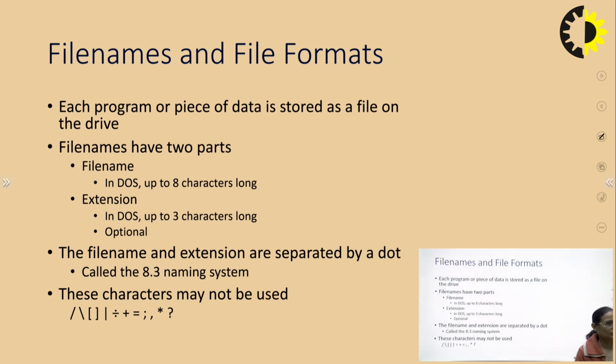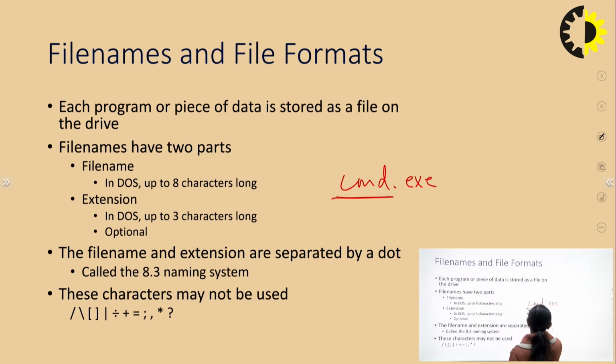Each program or piece of data is stored as a file on the drive. As we are aware, every content in your system needs to be stored in the format of a file, and files have different extensions. File names have two parts. In DOS, the file name can go up to 8 characters, and it has an extension, as we have seen in the example cmd.exe.